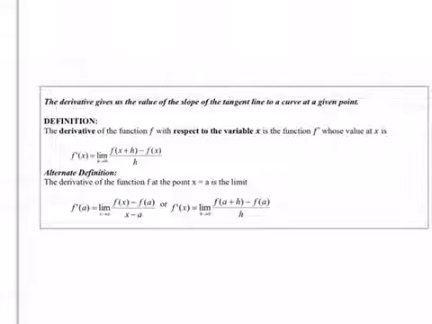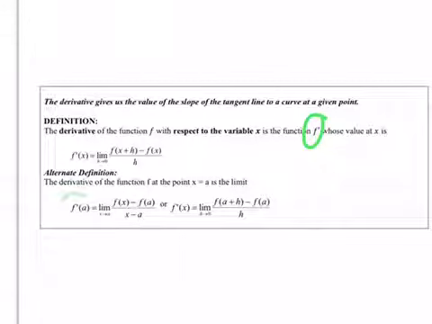The derivative of the function f with respect to the variable x is the function we call f prime. Right? This right here we call f prime, whose value at x is the limit as h goes to 0 of the difference quotient. The alternate definition is the derivative of the function f at the point x equals a is this limit.